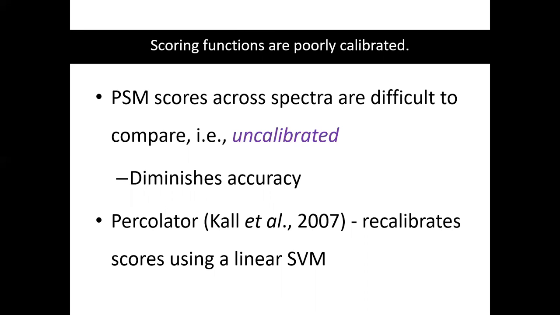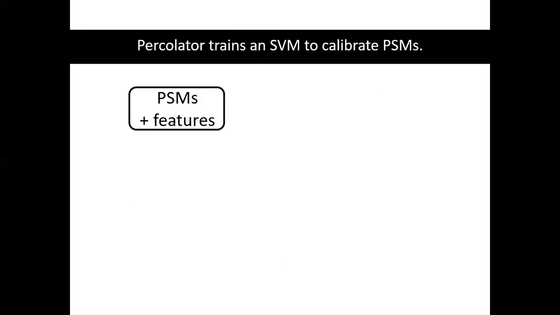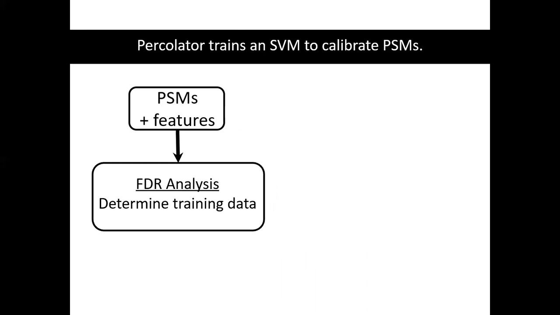This is a semi-supervised learning algorithm which trains a linear SVM to recalibrate these scores. The Percolator algorithm looks as follows. We begin with our PSMs as well as features derived using any specific scoring algorithm. We perform FDR analysis on these PSMs, and identify a highly confident set of PSMs, usually using a strict FDR threshold of say 1%.